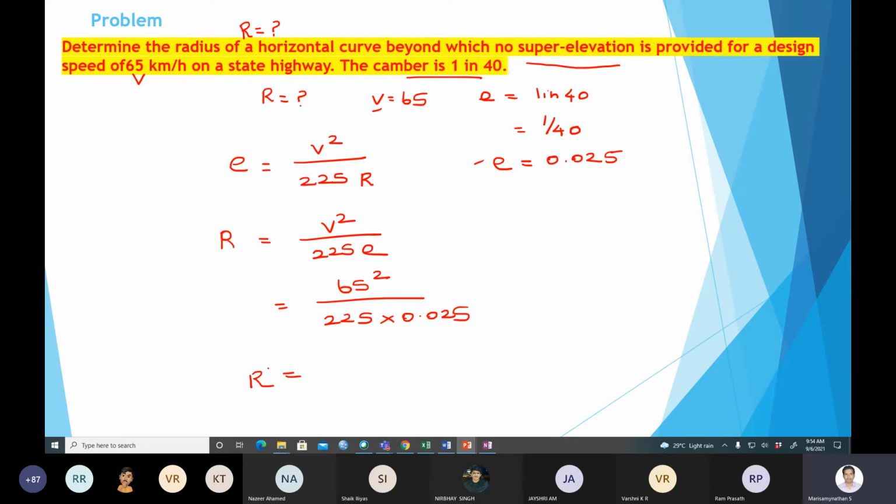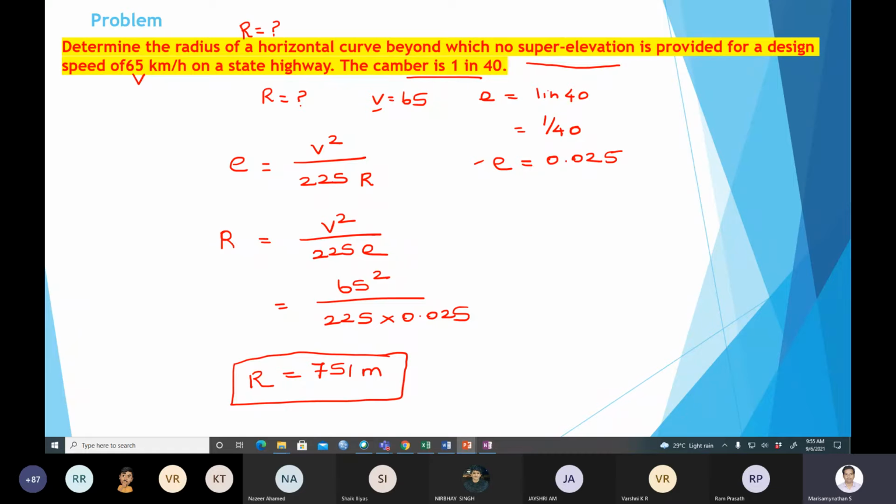So finally you will get the radius. 65 squared divided by 225 divided by 0.025. I am getting the value of 751.111, so approximately I am fixing 751 meter as the radius.